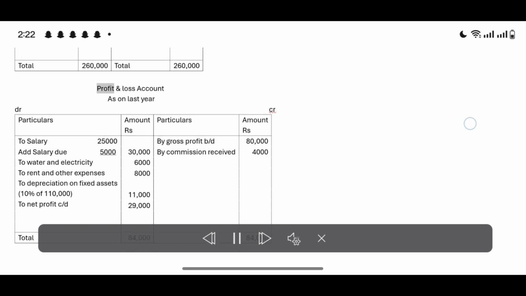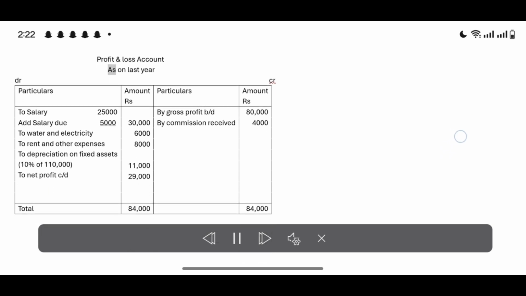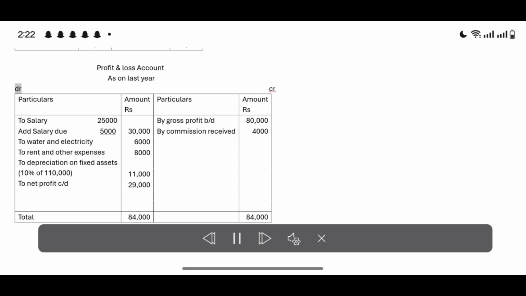Profit and loss account. As on last year. Dr. Cr. Particulars, amount Rs. Particulars, amount Rs. To salary 25,000. By gross profit b/d, 80,000. Add salary due 5,000, 30,000. To water and electricity, 6,000.